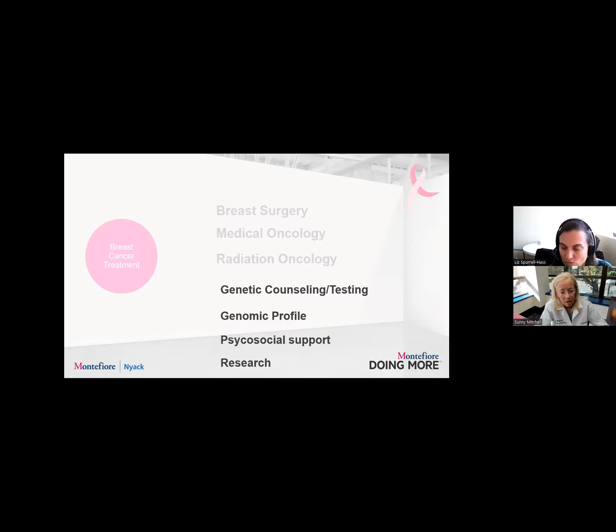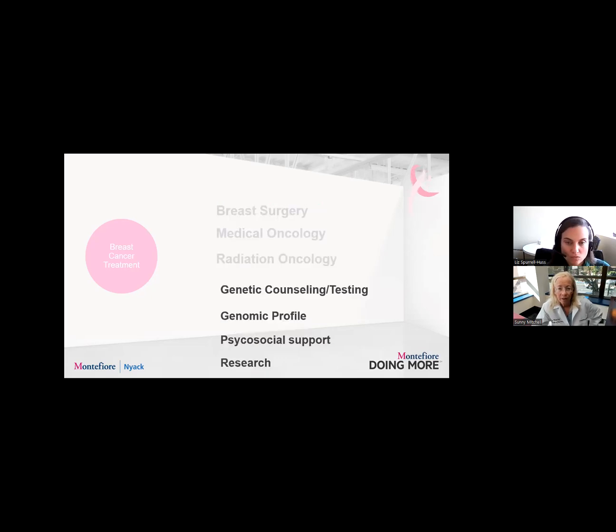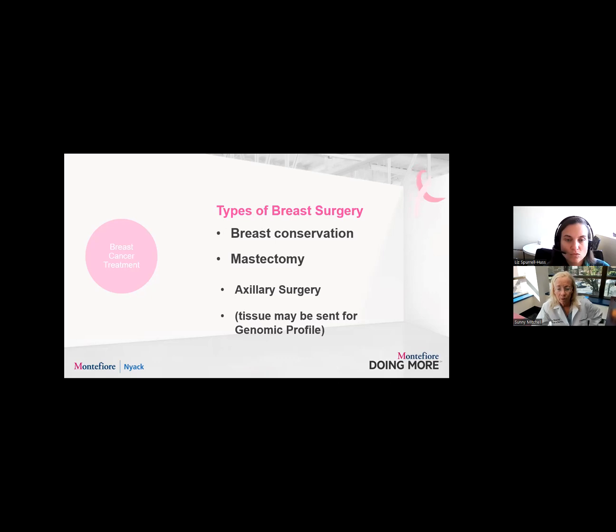It provides our radiologists with more information and often an easier ability to read that mammogram. So which brings us to the treatment, which is what I was asked to talk about today. We're going to start with breast surgery.